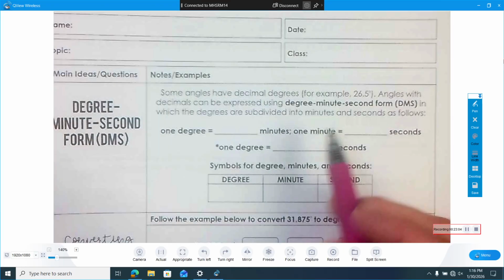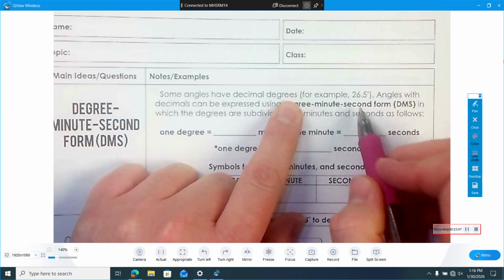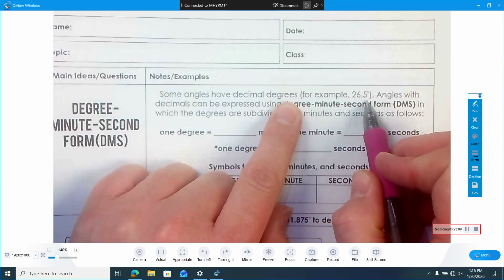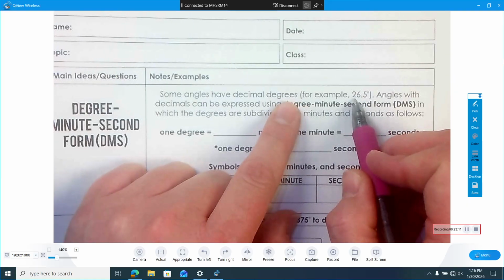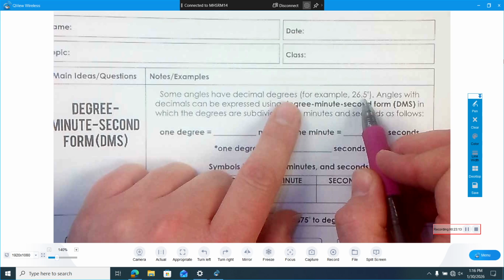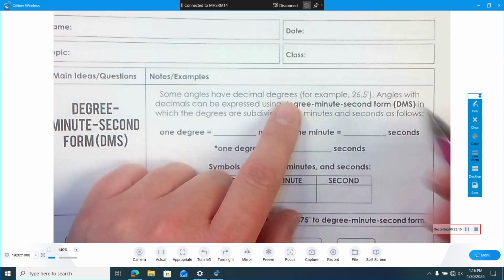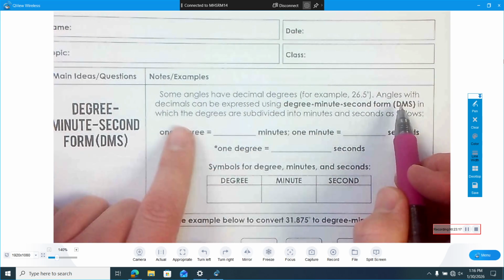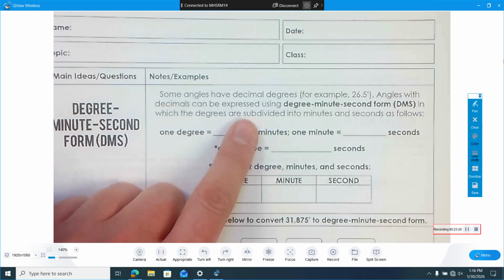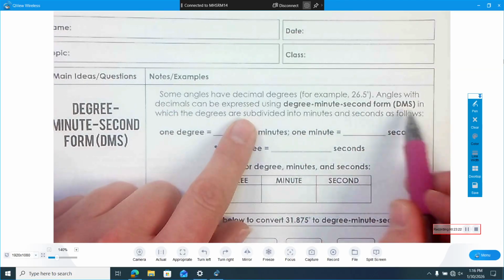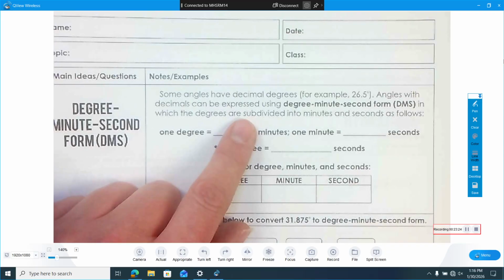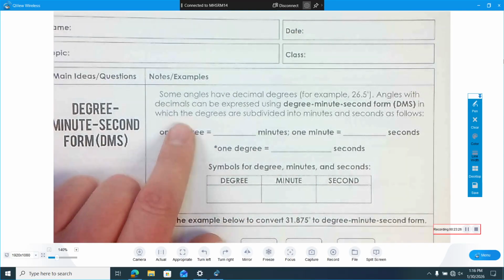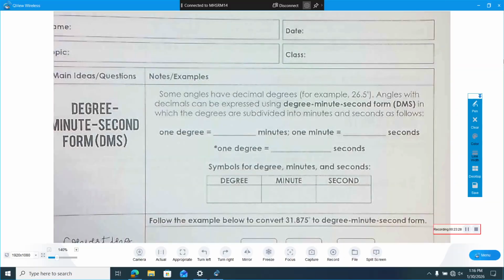Some angles have decimal degrees, for example, 26.5 degrees, so this would be 26 degrees and half of a degree. But angles with decimals can be expressed using degree, minute, second form, or DMS for short, in which the degrees are subdivided into minutes and seconds.